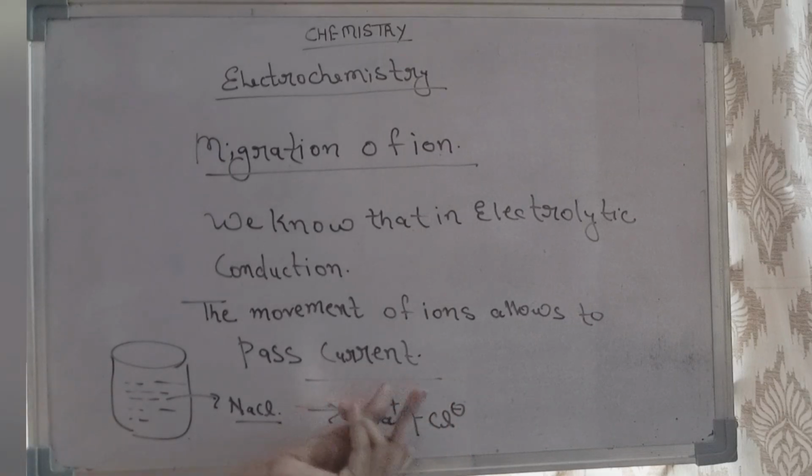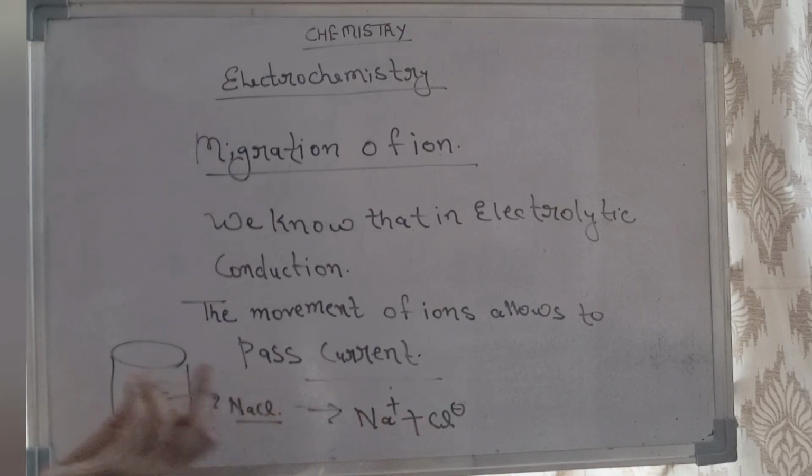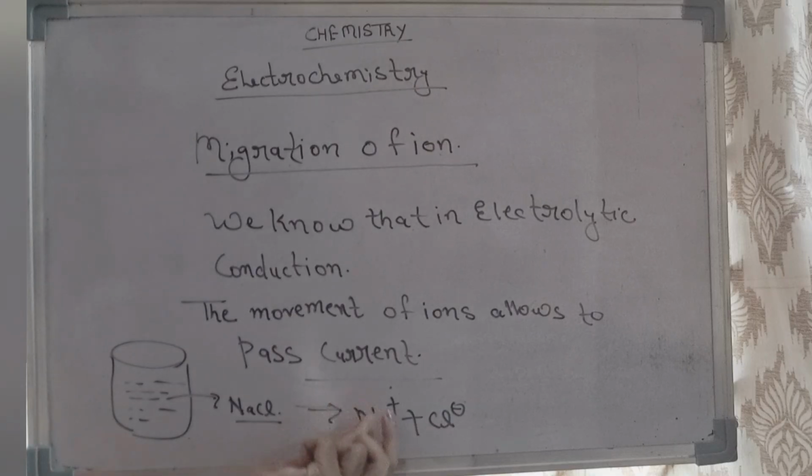These two ions dissociate from each other and move into the container when you put some water. In contact with water, the electrolyte tends to break into its constituent ions, and that is why we have Na positive and Cl negative as the respective ions.